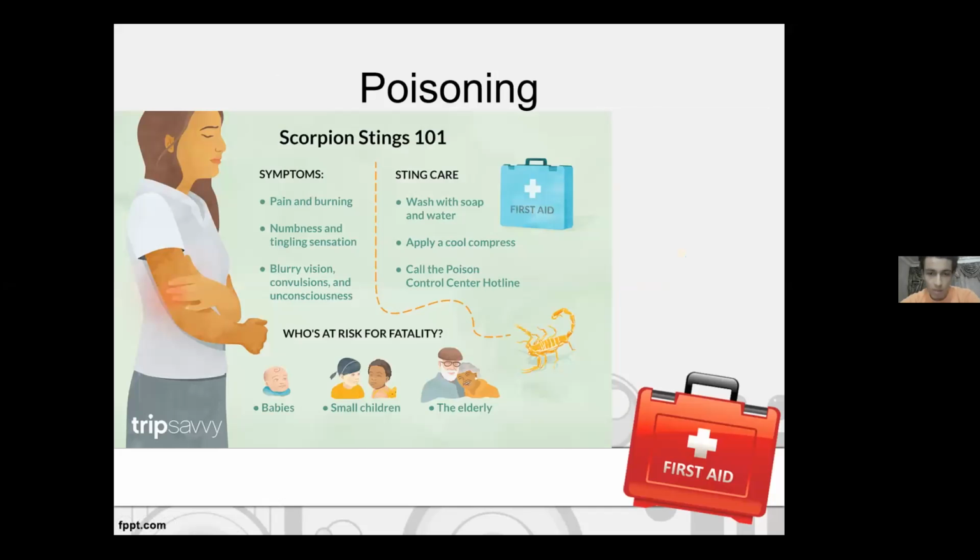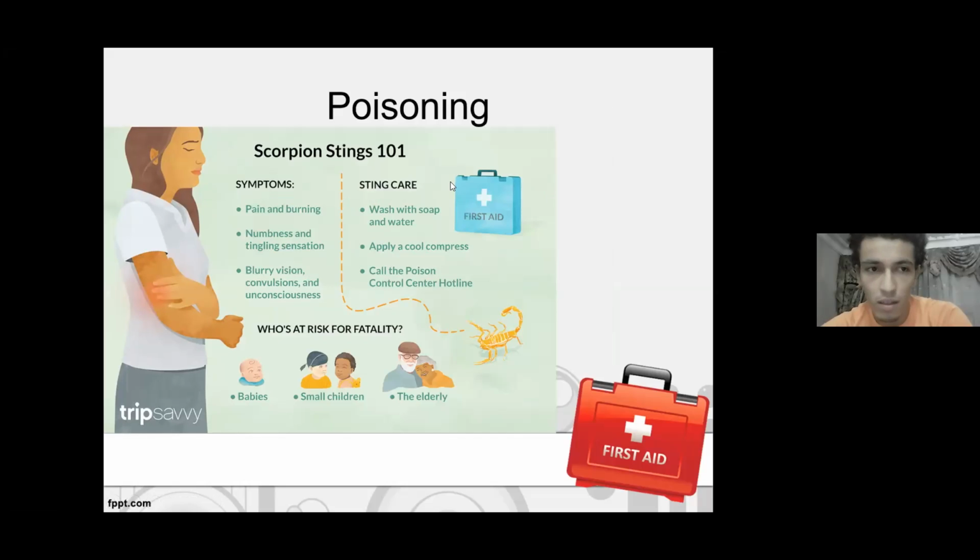Okay, as we see, this poison is about the scorpion sting. It's kind of common in desert places. Actually, venom or snake poison may be treated in the same way. So the symptoms of the sting, how to know, even if it's so basic, is the history from the patient.